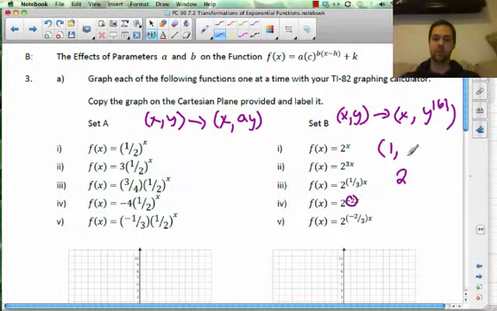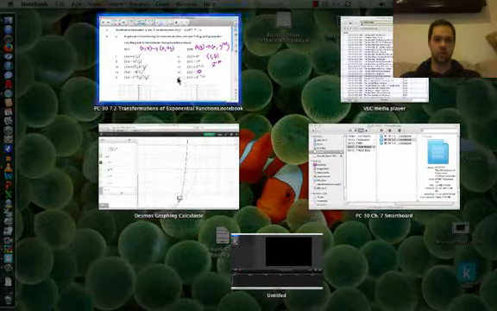Now the absolute value of negative 2 is 2, so this should be our regular y, which is 2, but now to the power of positive 2, which should give us 4, right? So let's go see if that holds true.